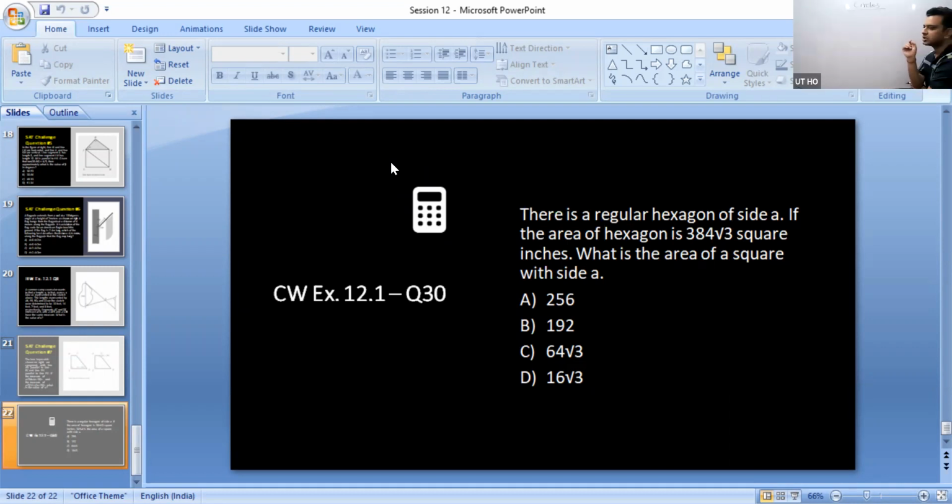So actually it's a locus of all the points from a fixed point at a fixed distance. So let's say this is our fixed point, that is called the center of the circle. And at a distance of, let's say r, this is your radius. यहाँ पे भी radius होगी same r. So all these points, if I join them, we'll get a circle.